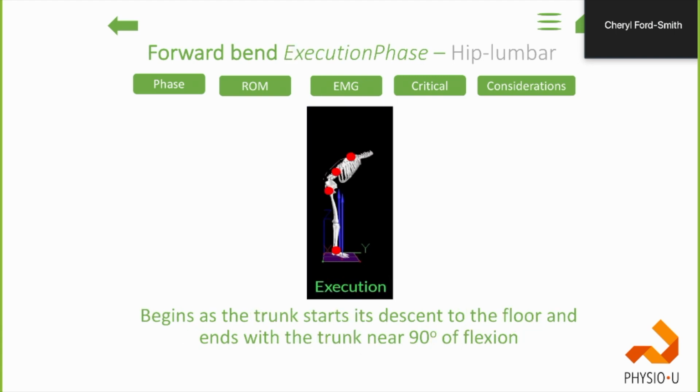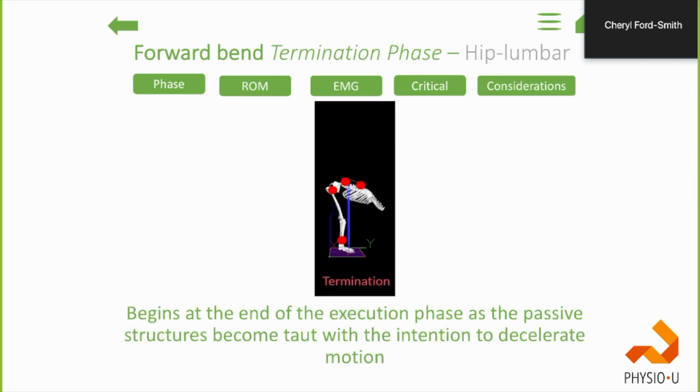And so again, it's static, so students will have time to process these phases. And here's termination, right? The passive structures become taut. This helps me explain why we have ligament injuries, muscle injuries when this lever arm is so long.